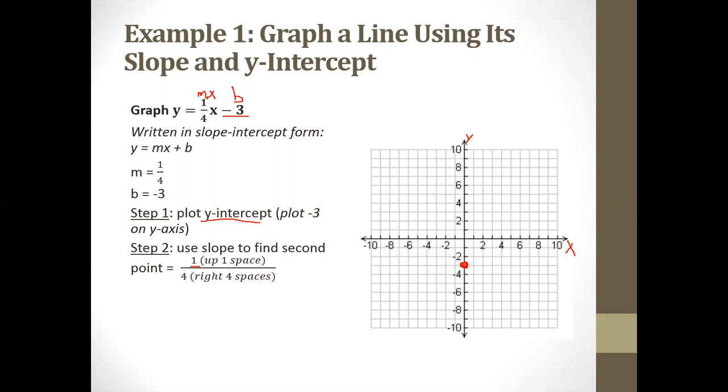So starting here at -3, 1 up, and then 1, 2, 3, 4 to the right, plot that point. And lastly, you'll connect those 2 points to create the graph of the line.